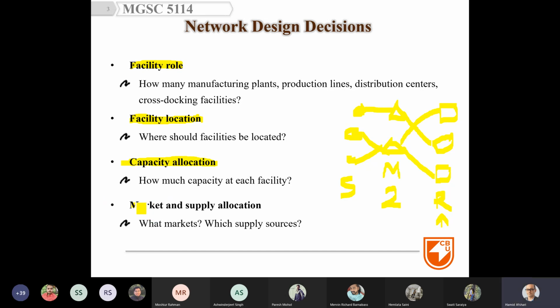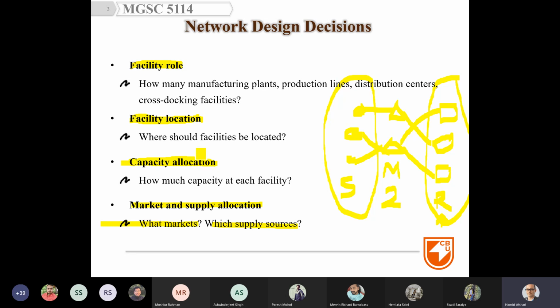What's the next one? Market and supply allocation. What markets will be supplied? Which supply sources are we going to use? In other words, you're talking about these two aspects: which locations and which demand sectors you want to support, and also whether you are going to bring the products from China or Asia, any country in Asia, or use local resources, let's say mostly Canadian products.